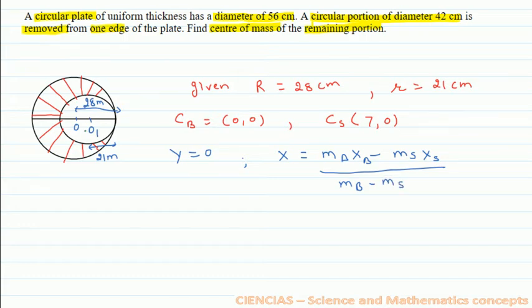Why are we doing minus here? Because we are taking out a certain portion away from the main part, or we are removing the portion. That is why we are doing minus here.